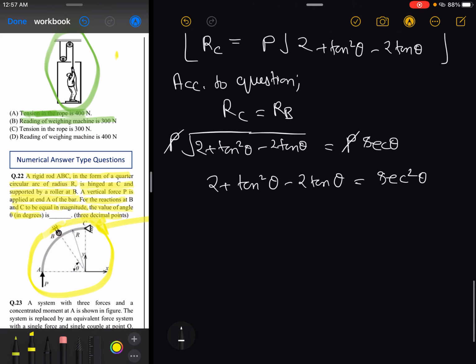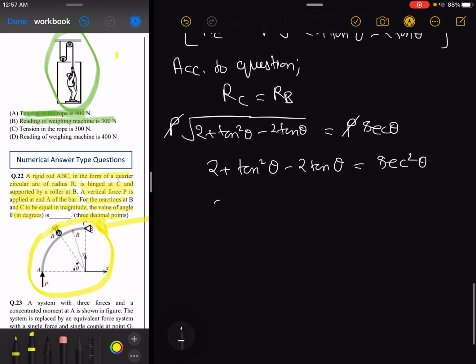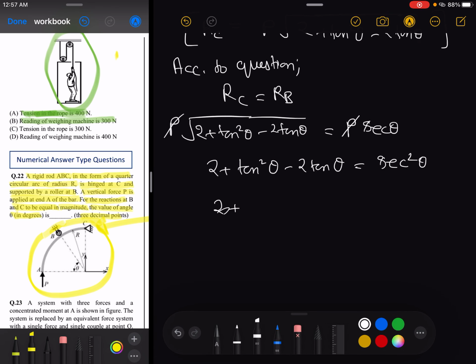So if you solve this, I am getting here, I am erasing this, right?